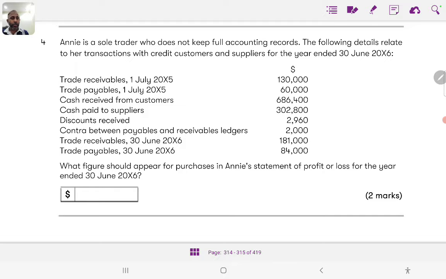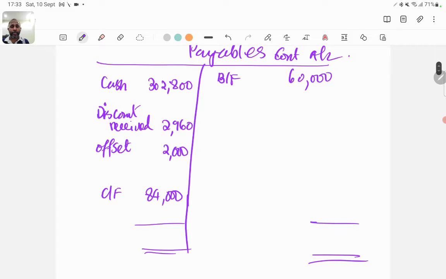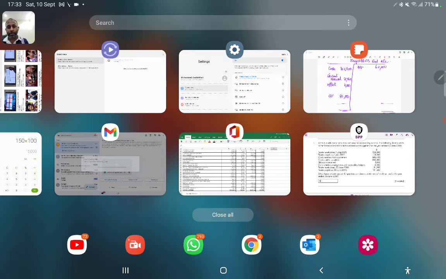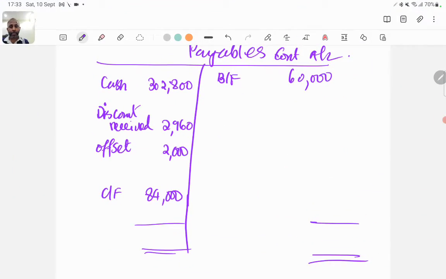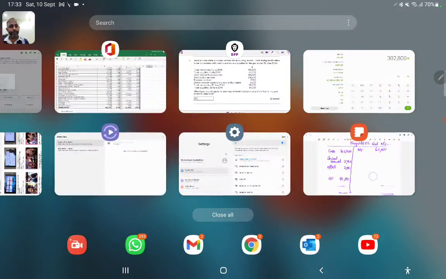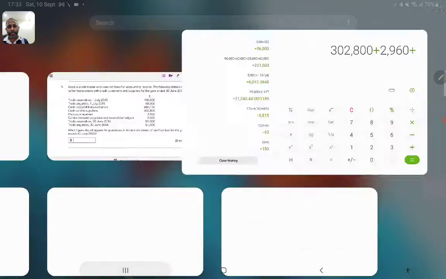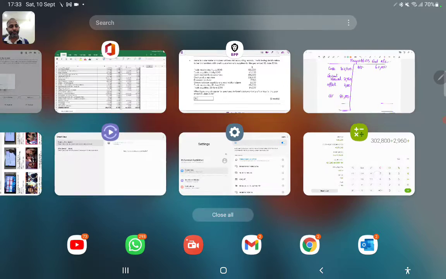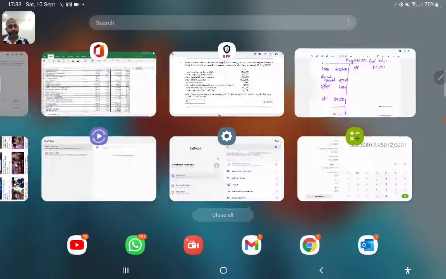Trade payables we have taken. So we have taken all the necessary information. What we now need to do is balance this. In balancing this, we have to take the total of the debit side. So we'll take one by one: 302,800 plus 2,960 plus 2,000 plus 84,000.